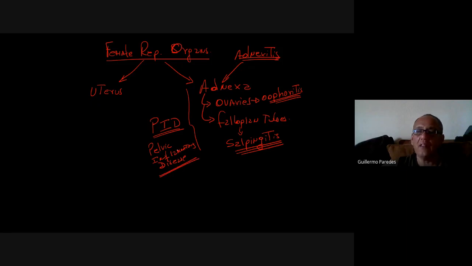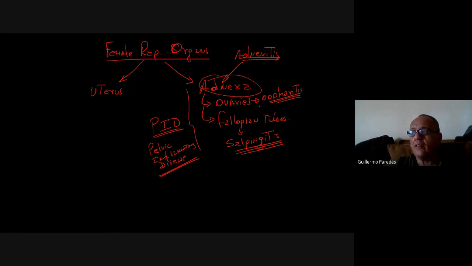So that is a direct application of what we are going to talk about today. Annexitis is not specific. You are not specifying if this is the ovary or a fallopian tube. Could be both, could be one. When you have inflammation of the ovaries, it's called oophoritis, medical terminology. That's one point. And the fallopian tubes is going to be salpingitis.